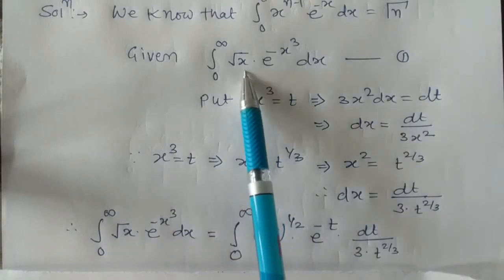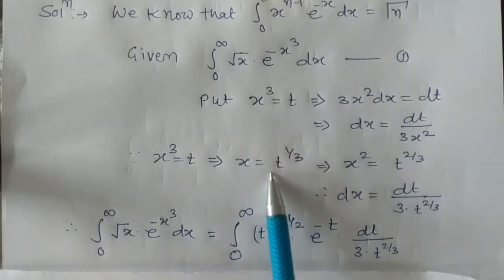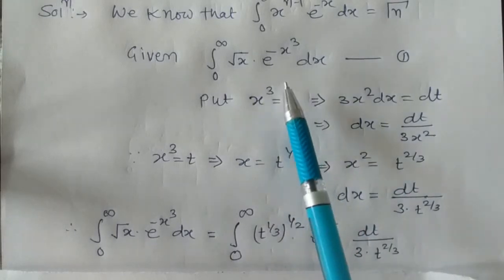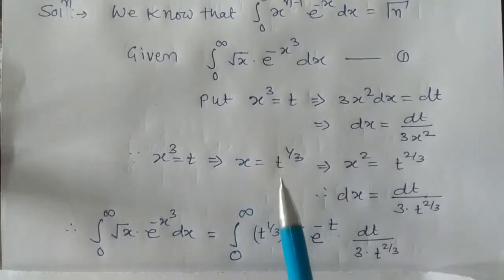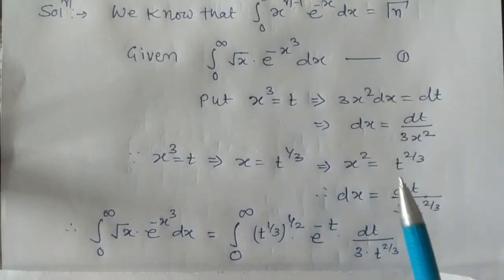Now root x is x power half, and x is t power 1/3, into e raised to minus x cube, which is t, so e raised to minus t, into dx. The value of dx is dt upon 3 into t power 2/3. So after substitution we get this result.